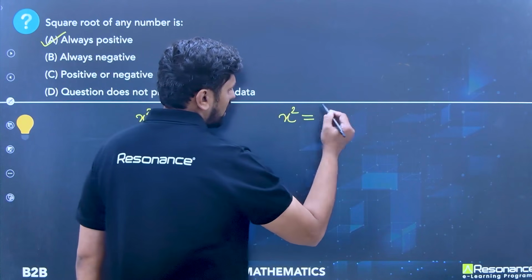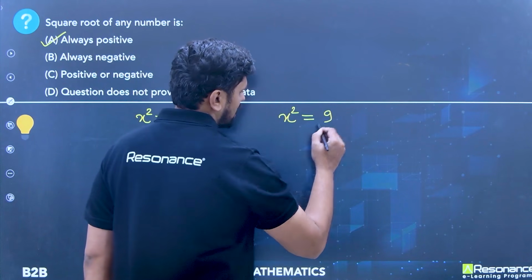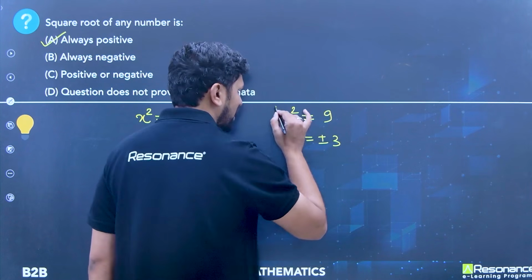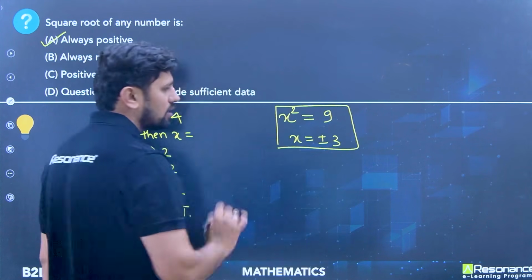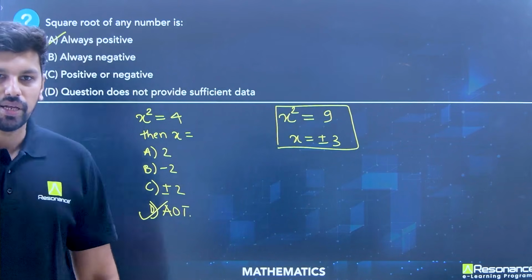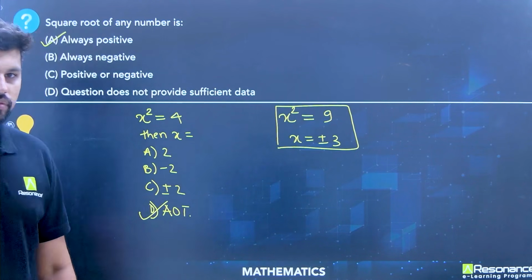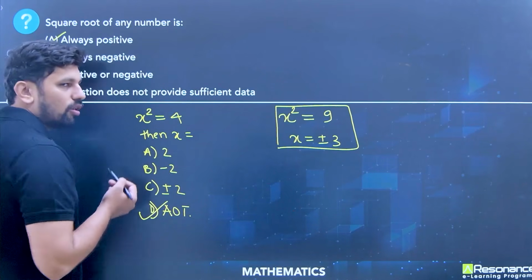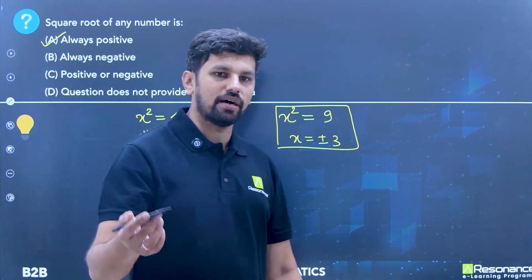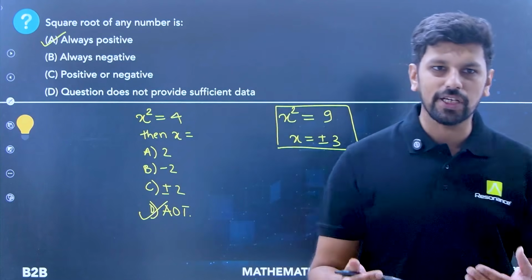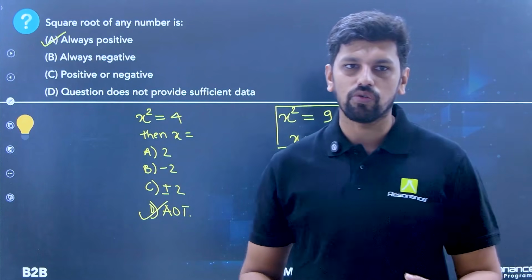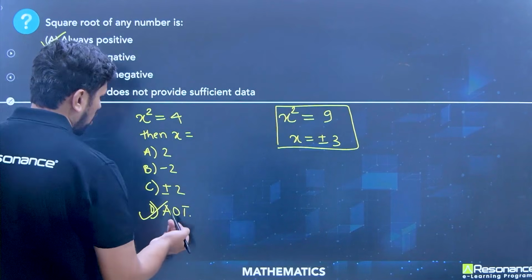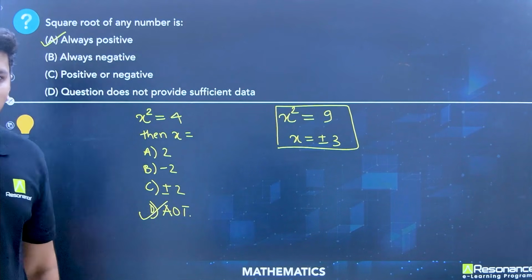If x square is equal to some quantity, let's say 9, answer after square root will be always plus minus. Because if I will put minus 2 here also, minus 2 square will become 4, and obviously plus 2 square is also 4. Correct? So answer will be all of the above.